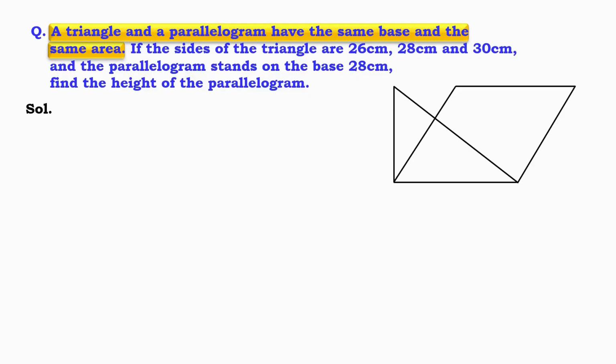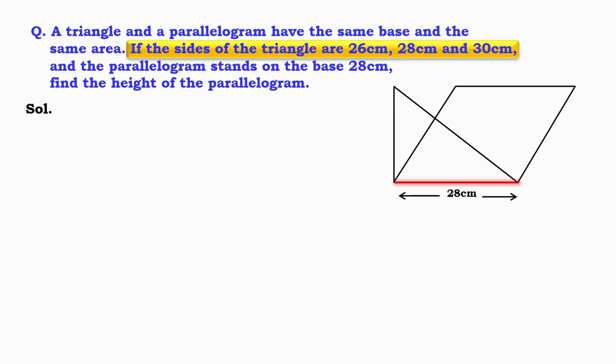You can clearly see that one triangle and one parallelogram are standing on the same base, right? They are having the same base. Now the sides of the triangle are given as 26, 28 and 30 centimeter. Since it is mentioned that the parallelogram stands on the base 28 centimeter, 28 centimeter will be the base.